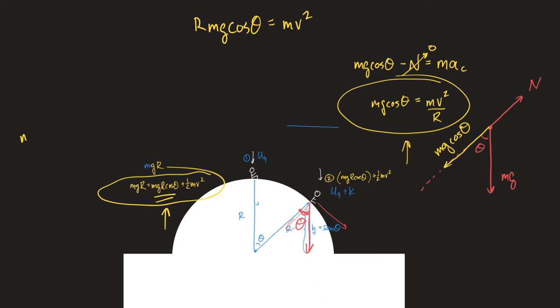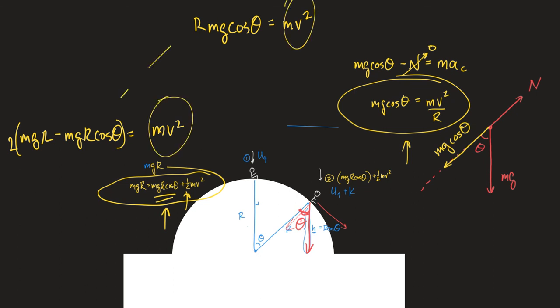So when I move it over to the other side, I get mgr minus mgr cosine theta equals 1/2 mv squared. And now I multiply both sides by 2. And that gives me 2 times all of that. So now I have mv squared here, mv squared here. I can set these two things equal to each other.